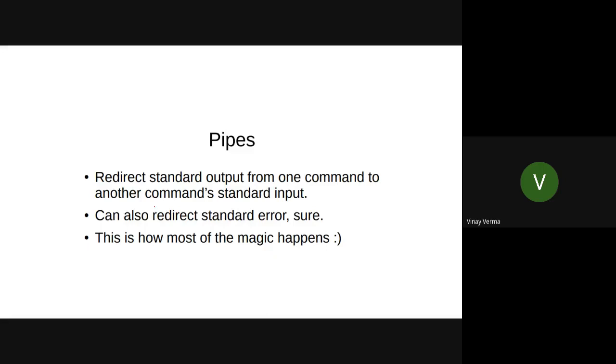In programming, the meaning of pipe is to redirect the standard output from one command to another command. What that means is, if we run one command, we want to use the result of that command as the input of another command.